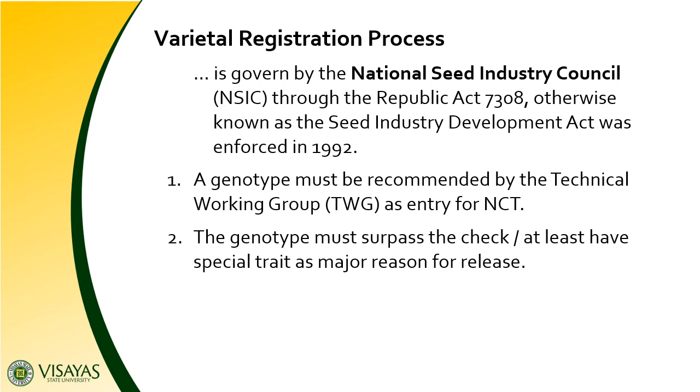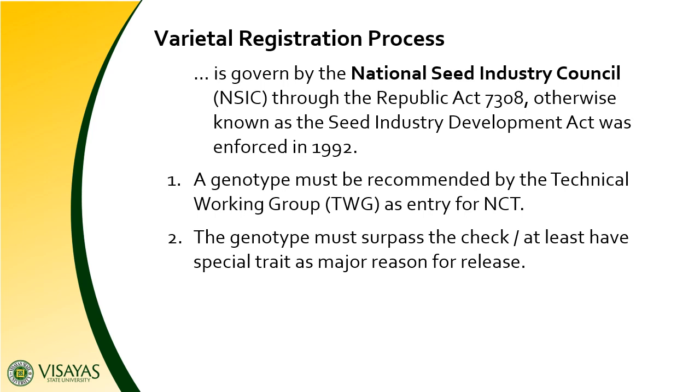So the performance of your variety, or the one that will be registered, must surpass the check. Check varieties are usually released varieties that are known to be high yielding at the moment that you are registering your crop.